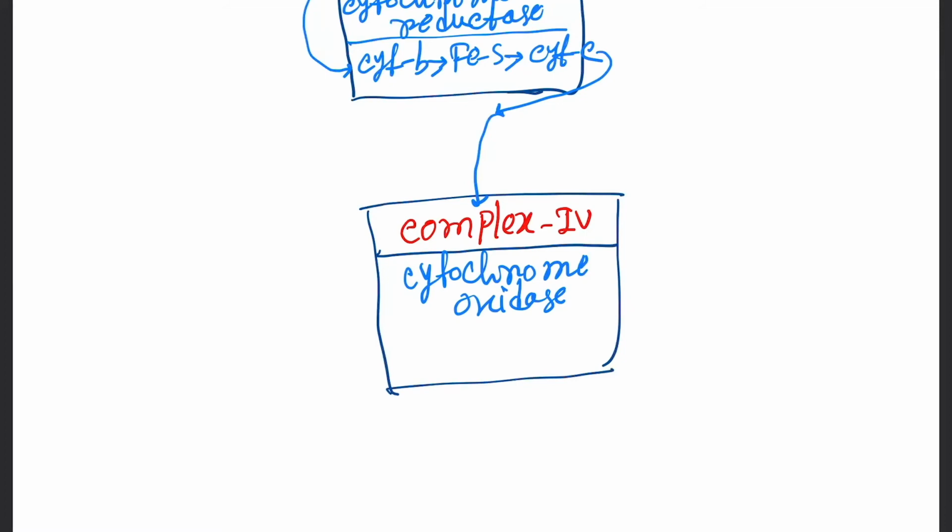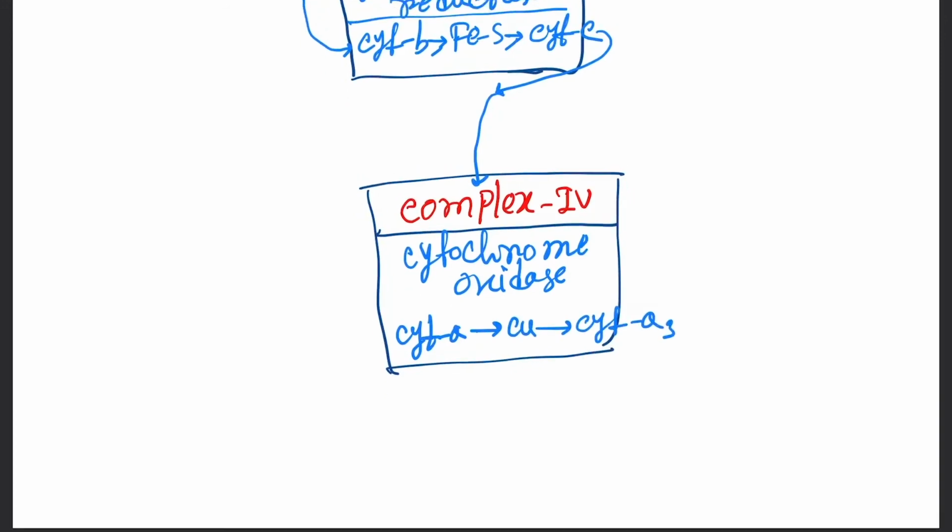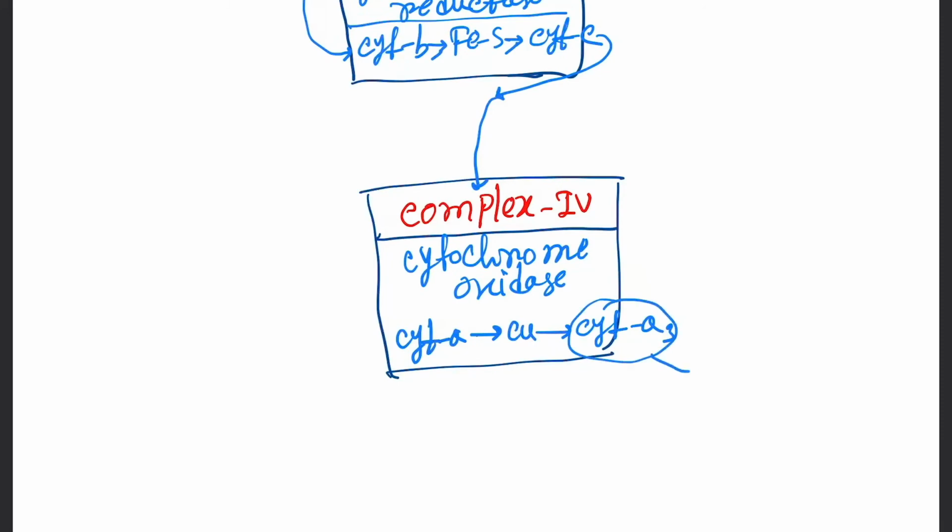Here first cytochrome A will receive it, then copper ion, and then cytochrome A3. Finally cytochrome A3 will release the electron, and here a reaction will occur. The reaction is O2 plus 2H plus, which will cause formation of H2O in presence of electron.